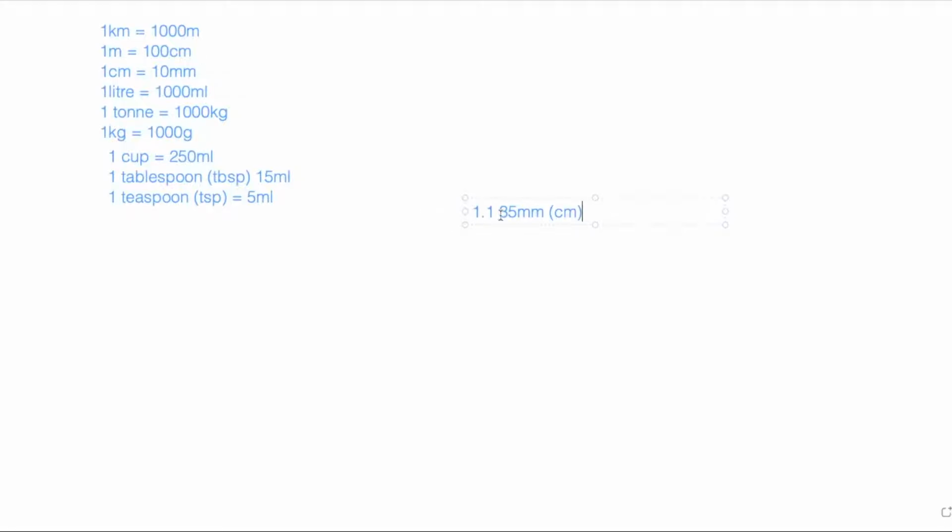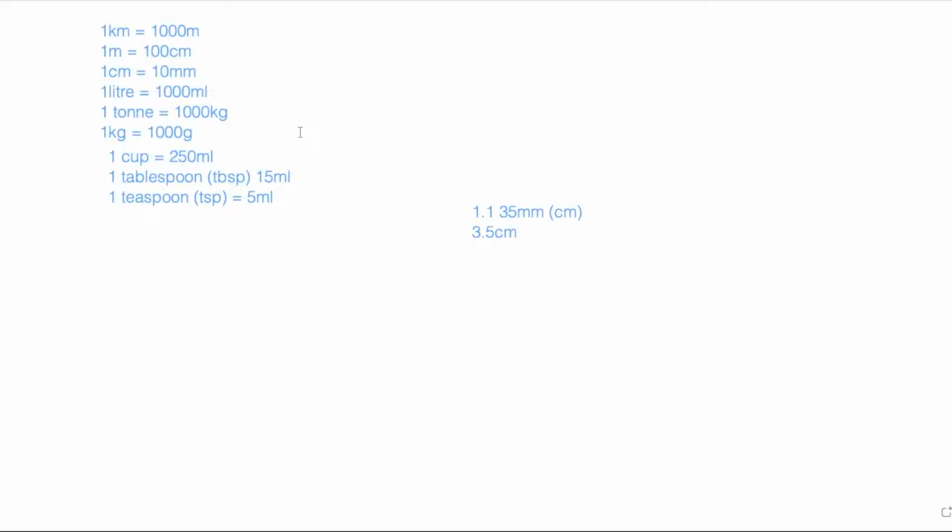When you divide by 10, what do you do? 10 has one 0, so you move 1 space, which means 35 millimeters is 3.5 centimeters.